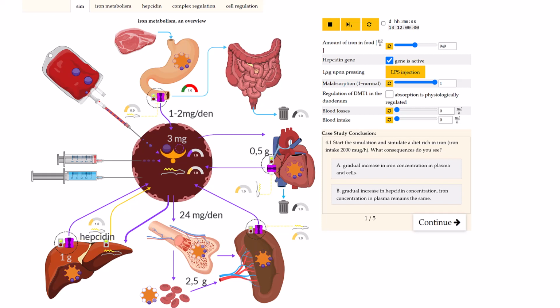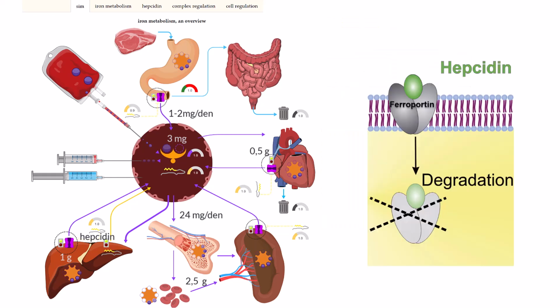In our diagram, we show this by narrowing or widening the ferroportin icons. Hepcidin reduces the concentration of ferroportin receptors. It binds to ferroportin, which is internalized into the cell and degraded in lysosomes.